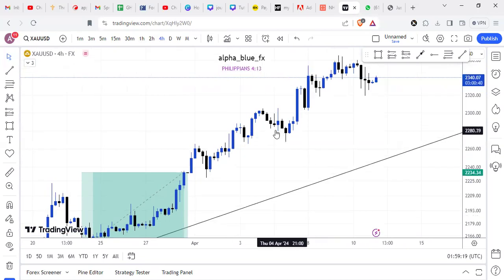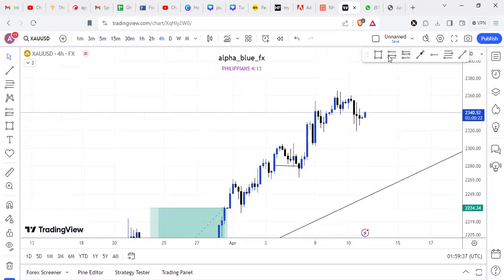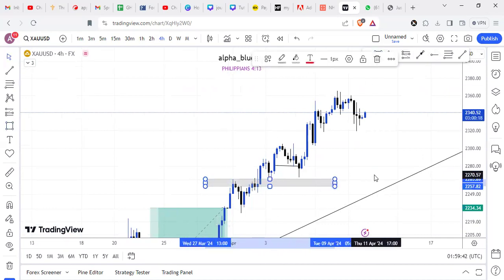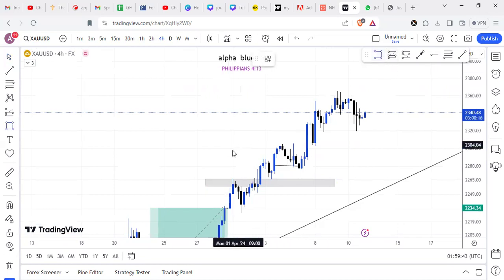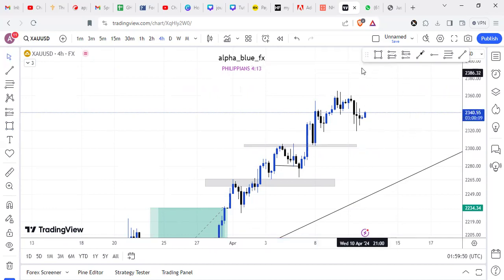We had some liquidity right here. Price came and swept the liquidity, took out this liquidity here, right? And this is another block. I'm sorry, this is an area of demand, because market has been going up. So you can also mark out horizontal levels on your chart to give you areas of support and resistance that you will use to mark your entry.